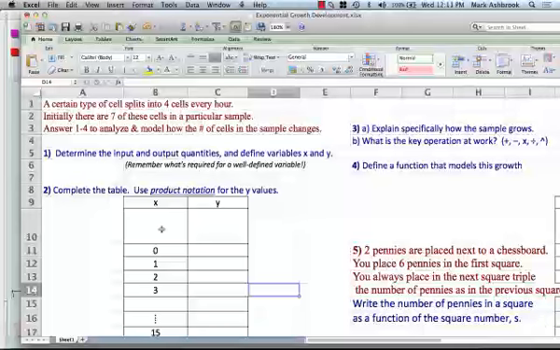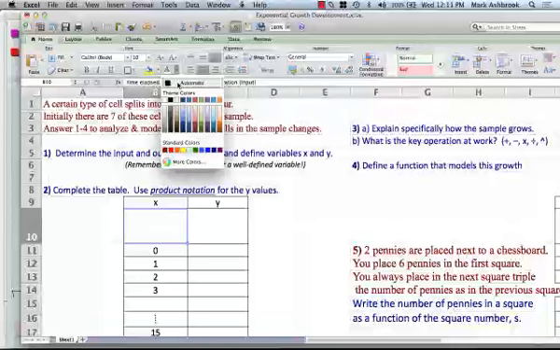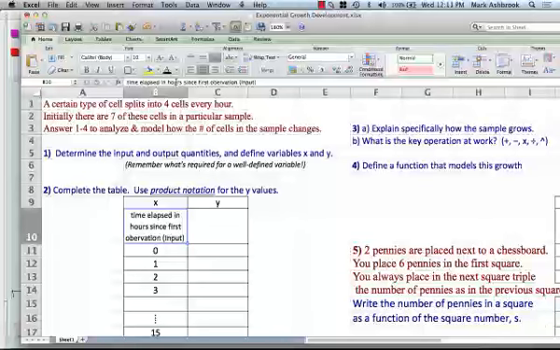Number of hours passed? Yeah. So number of hours passed, time elapsed in hours since the initial observation, or since there was 7 cells. Okay? All right.